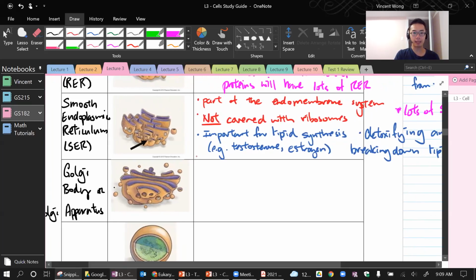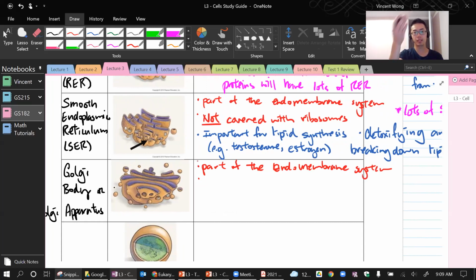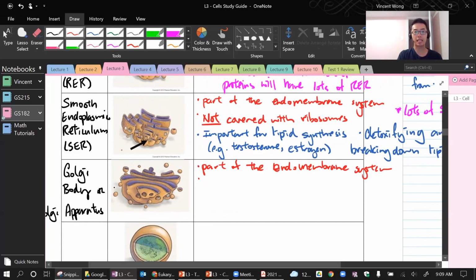So again, it's part of the endomembrane system, and instead of being continuous channels of membranes like the ER, these are individual, separate stacks.